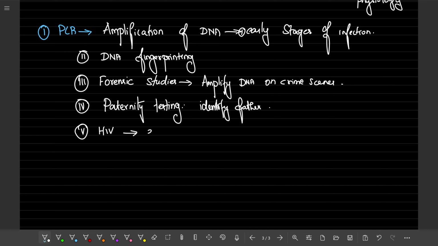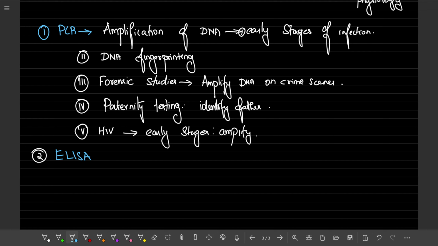If it is from another human, you obviously know it's not your own DNA, right? It means it will reject. HIV, especially in early stages, that we've already written, but it can only amplify, it can't identify whether it's there or not. So that is PCR.